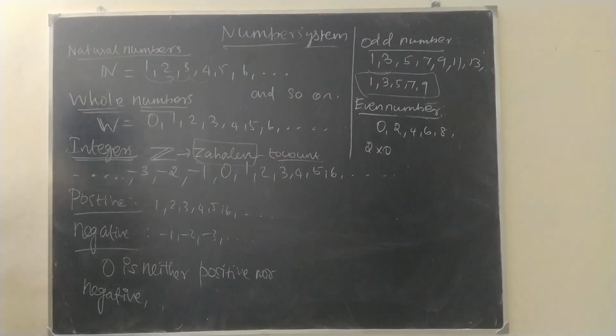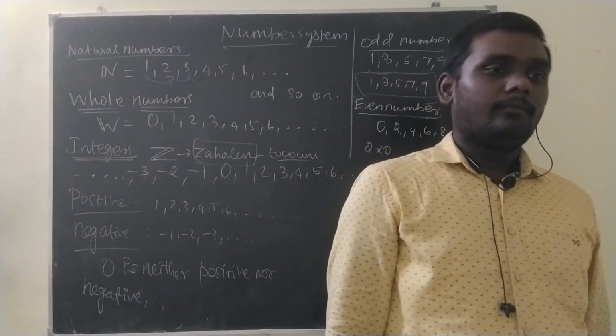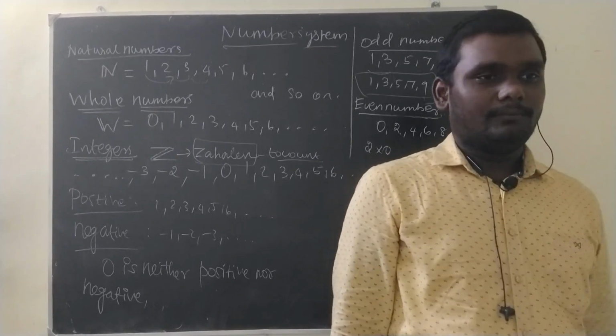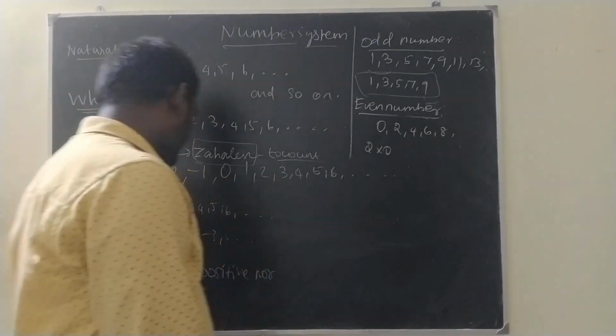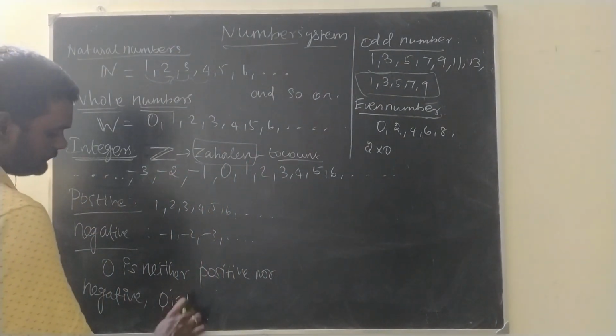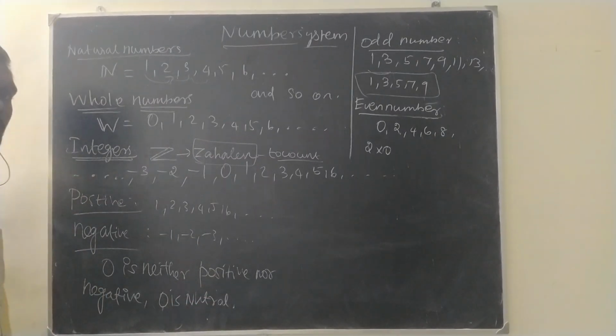Meaning, 0 is not a positive number. Also 0 is not a negative number. 0 is called neutral.